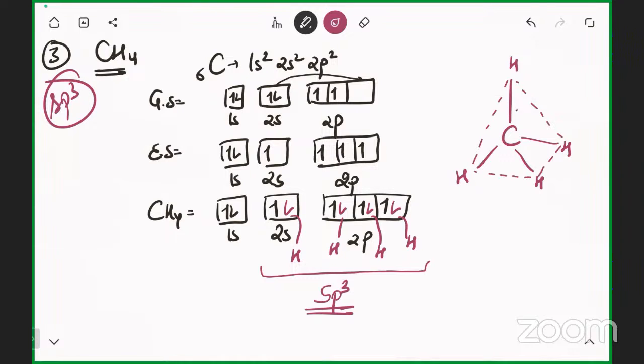Okay, the bond angle between these is 109 degrees 28 minutes, or you can say 109.5 degrees. Okay, the shape is tetrahedral.